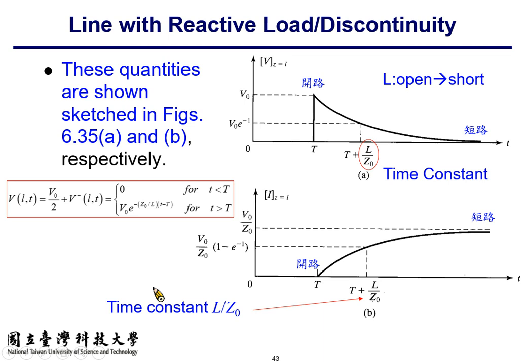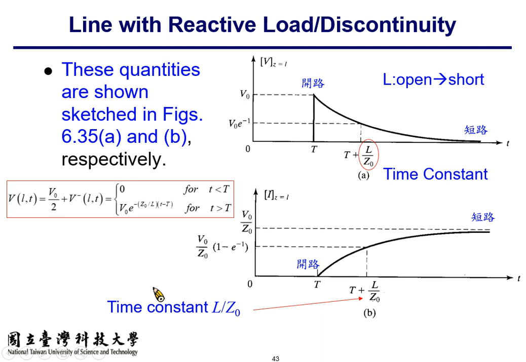V sub 0 times exponential minus 1, which is about 1/3 of the initial voltage at the position of one time constant. All right, and you can do the same for the total current. So prior to the time instant of capital T, the total current appearing on the inductance is 0, and it is 0 at t equals to capital T because it acts as an open circuit.